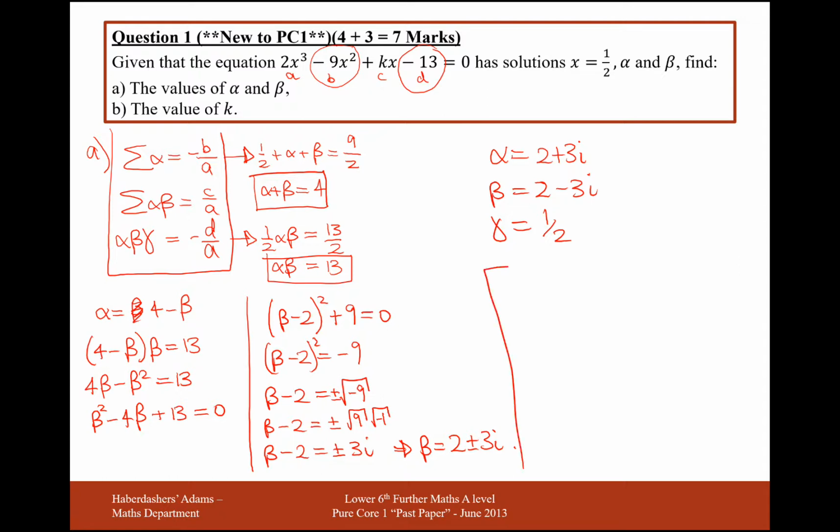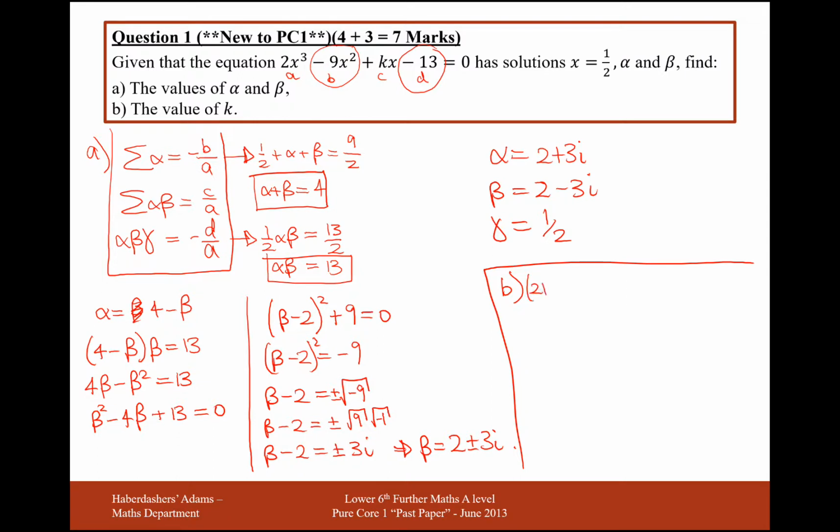Next of all is to find the value of k. So what I'm going to do with k is use this other formula that I haven't used yet to help me find what k is. So using the formula, I have to times 2 of my roots together in the 3 different possible ways that I can do that from alpha, beta and gamma.